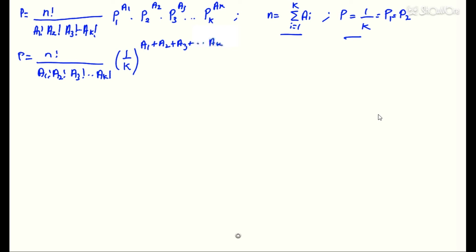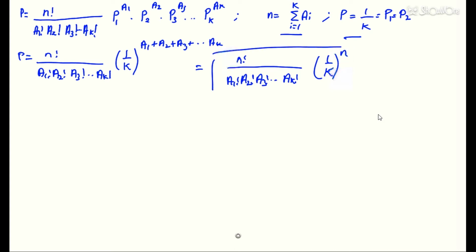Using the assumption, we can say that this is exactly equal to n factorial over a1 factorial, a2 factorial, a3 factorial, up to ak factorial, with 1 over k to the power of n, where n is the total number of independent trials.